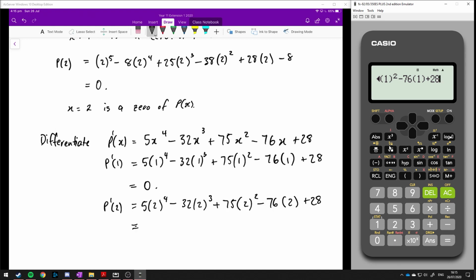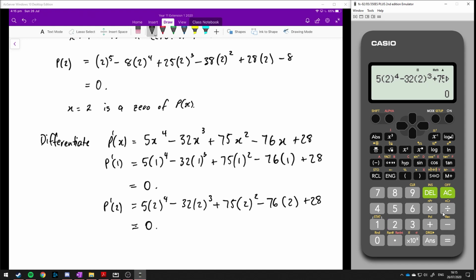Okay, and hopefully this will also give us a 0 if we substitute this in. So by replacing the 1s with 2s again, and if this gives us 0, that means that 2 is also going to be multiplicity 2.